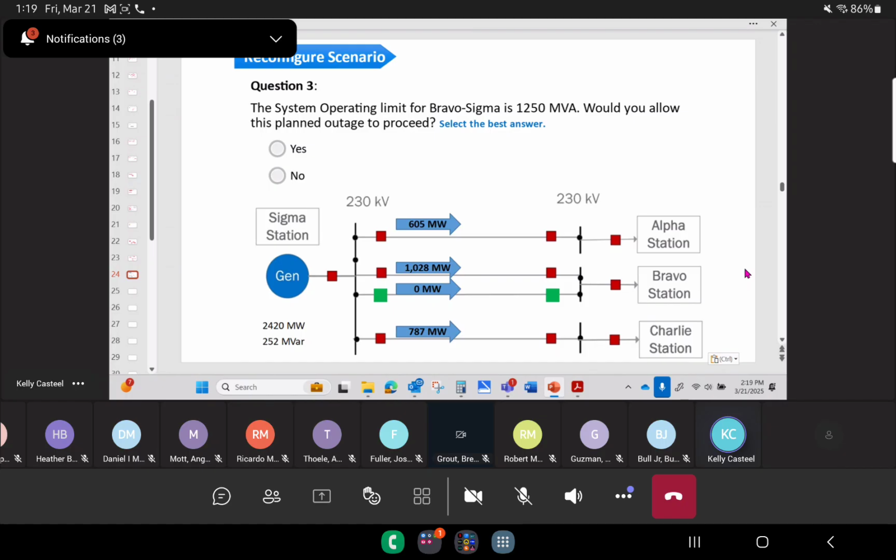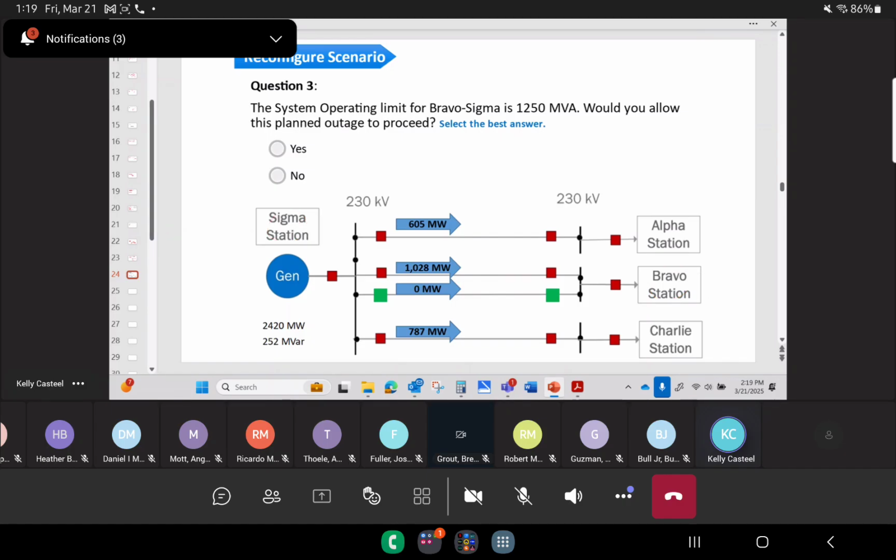System operating limit for Bravo to Sigma. New part, man. Okay, so I'm just looking at getting my bearings here. So here's Sigma station. System operating limit for Bravo to Sigma, so that's going to be here, is 1250 MVA. Would you allow this planned outage to proceed?